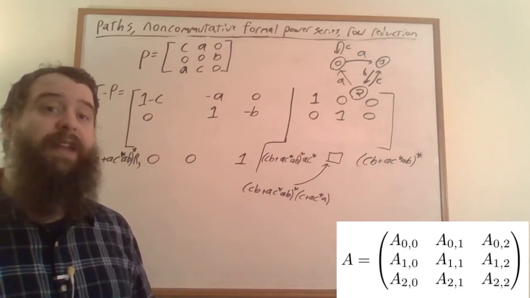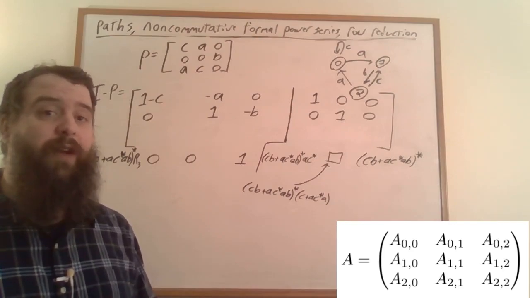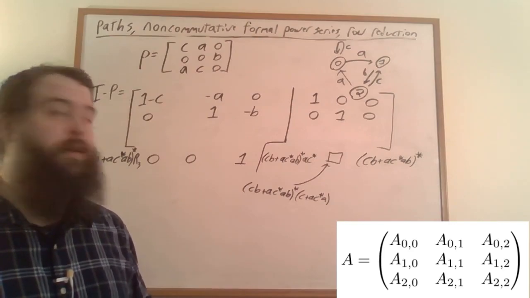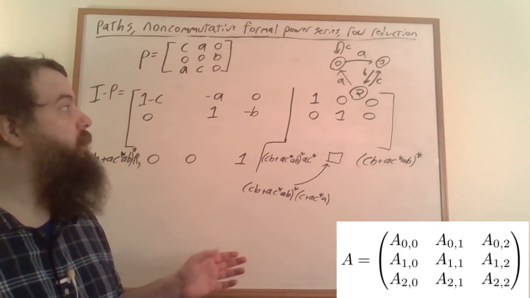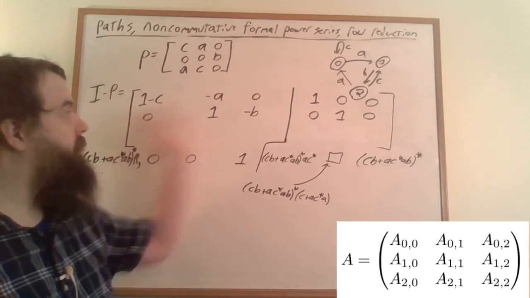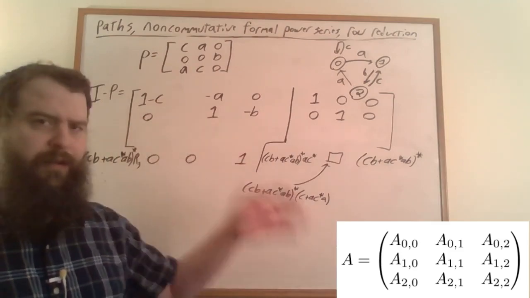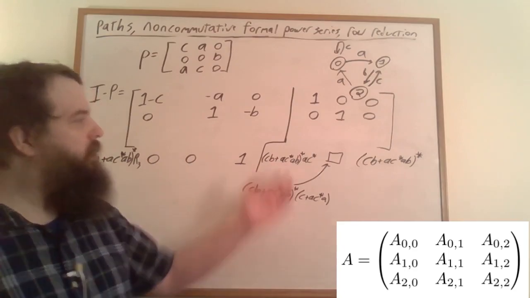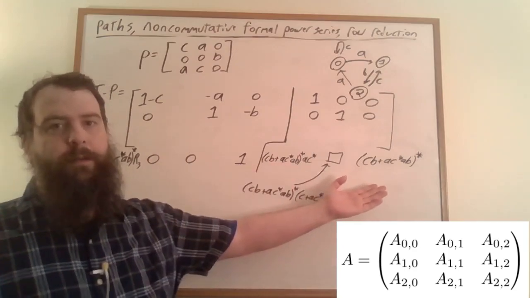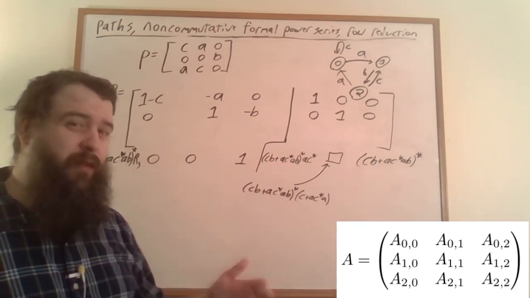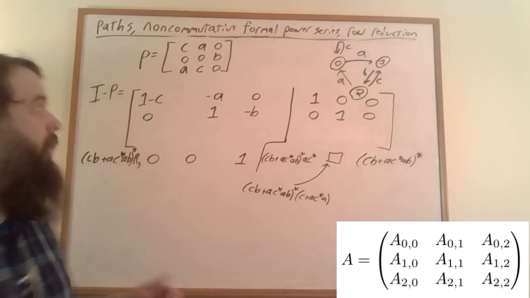So this is great if you want to turn a transition diagram for an NFA into a regular expression. All you need to do is calculate the inverse of a particular matrix over a particular algebra, and the regular expressions just fall out.